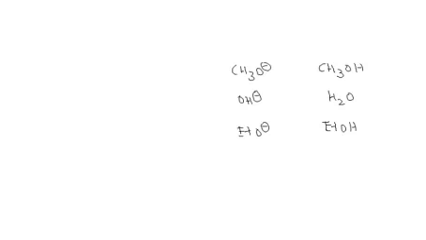Now among methoxide and methanol, which is a strong base? This is a strong base, and this we can write as a weak base. And next, which is a strong nucleophile? Methoxide is a strong nucleophile and methanol is a weak nucleophile. So that is how charged species are stronger than neutral.